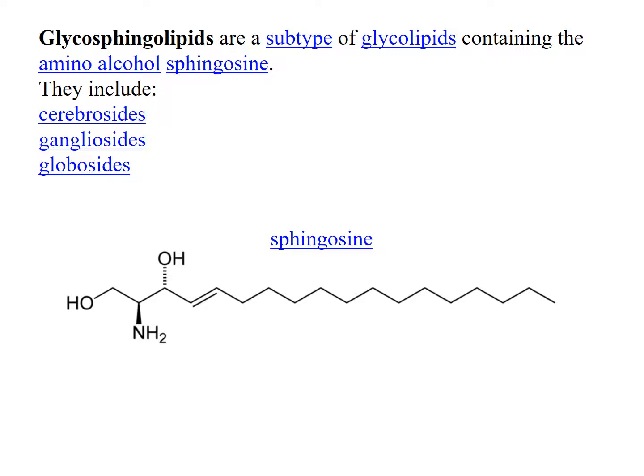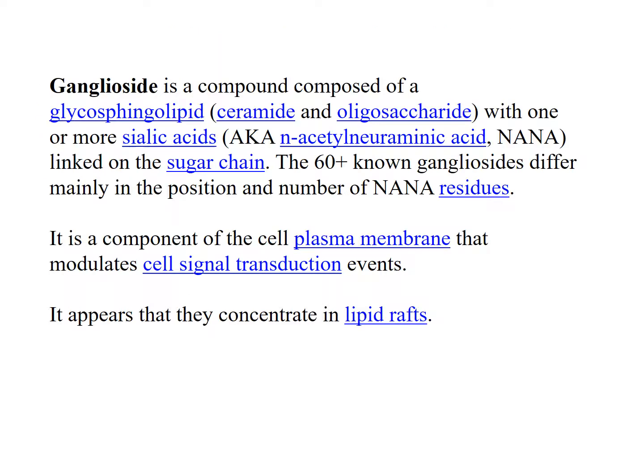Here's just a structure of the sphingosine, which is the molecule. They are a type of glycolipids that contain the amino alcohol sphingosine, and then there's three flavors of them, and you'll probably have to learn that in biochemistry. I just wanted to show you the structure, and these are different sugar structures, these neuraminic acids, the NANA sugar side chains.